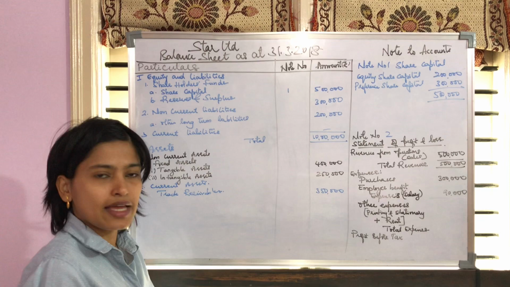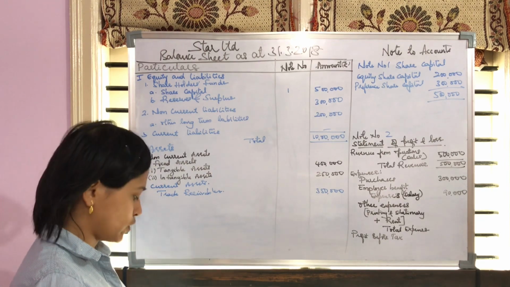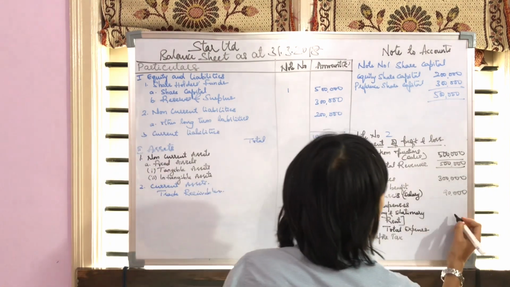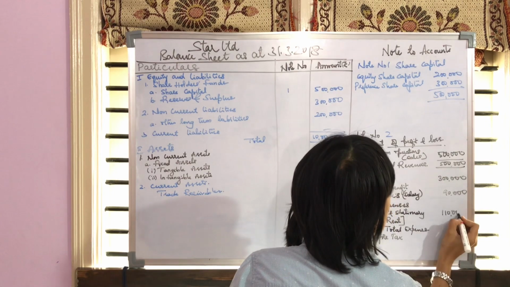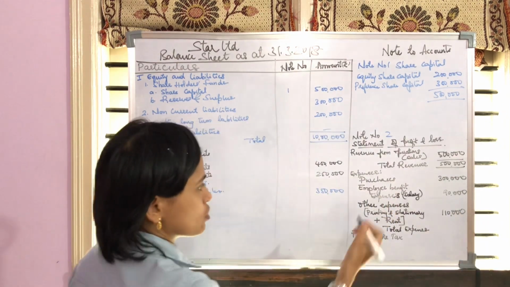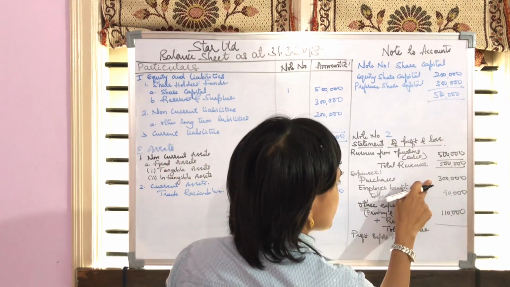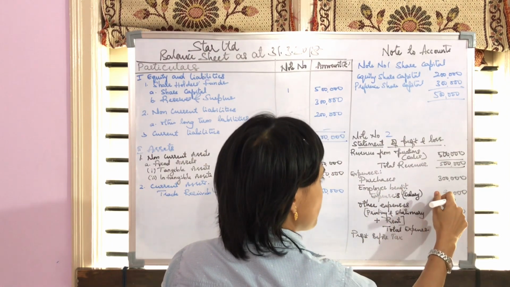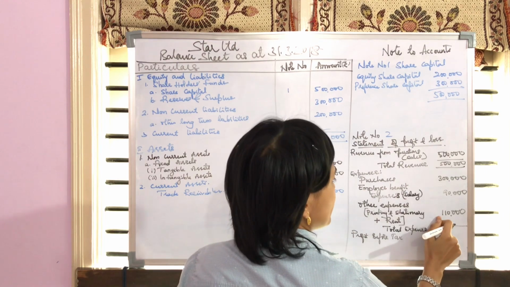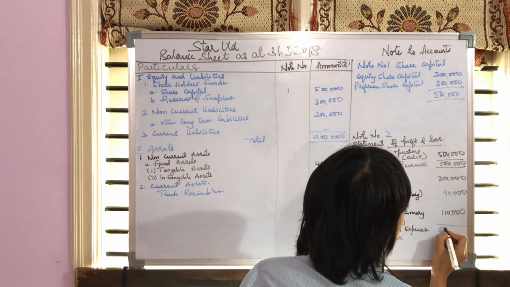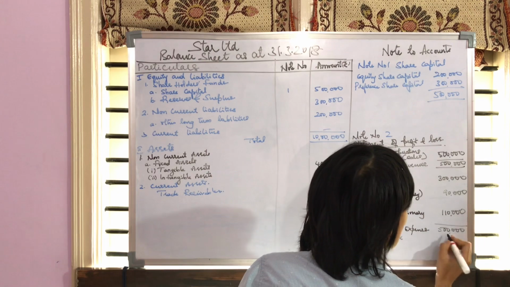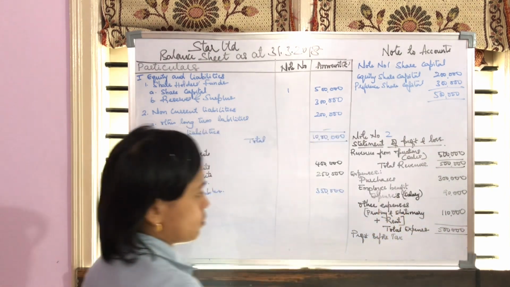Rent amount is 80,000. So both if you add together, we will get 1,10,000. So let's do the total of expenses. 3 lakh, 3,90,000, 4,90,000. The total is plus 10,000. We will get 5 lakh rupees.